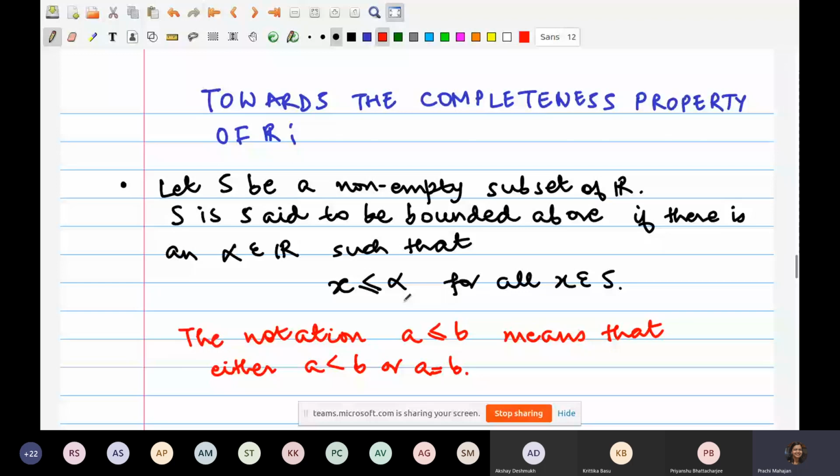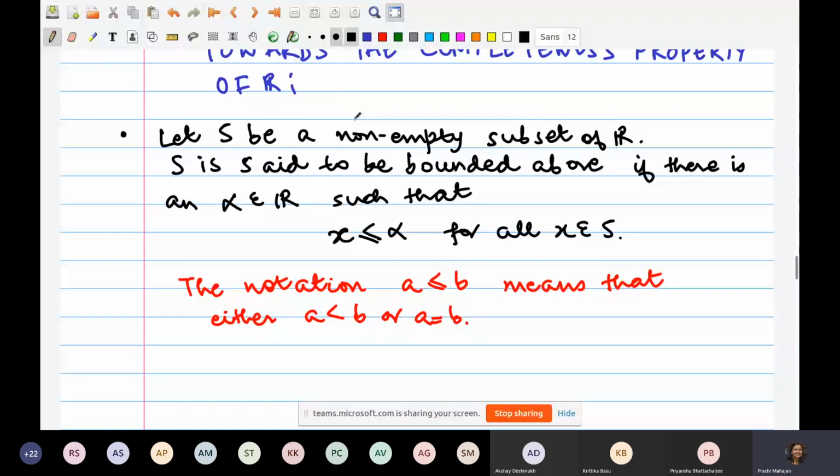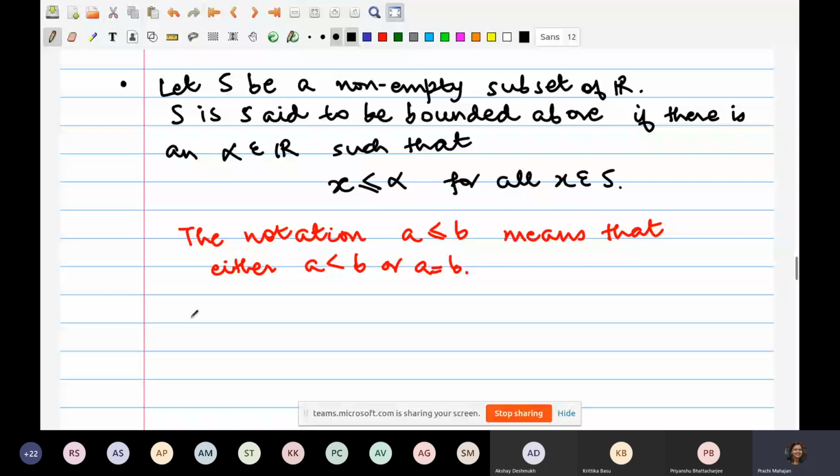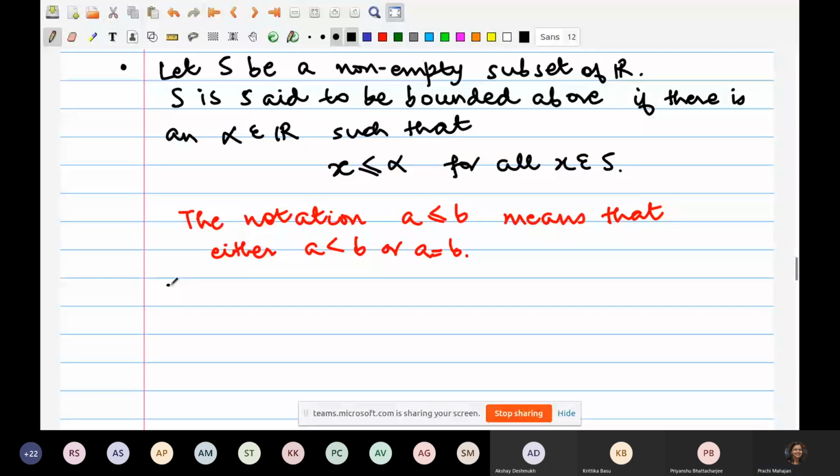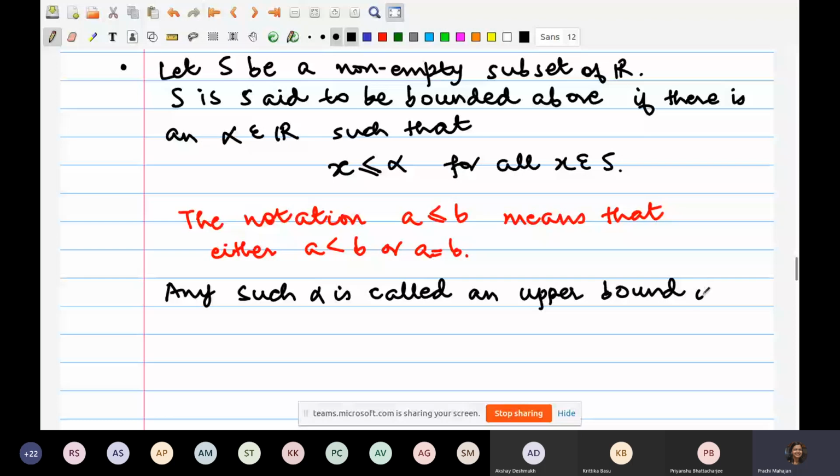When do we say a non-empty subset of R is bounded above? Provided I can find one element alpha in the real numbers such that x is less than or equal to alpha, and this is true for every element x of S. Any such alpha is called an upper bound of S. This definition does not say that S is always bounded above.